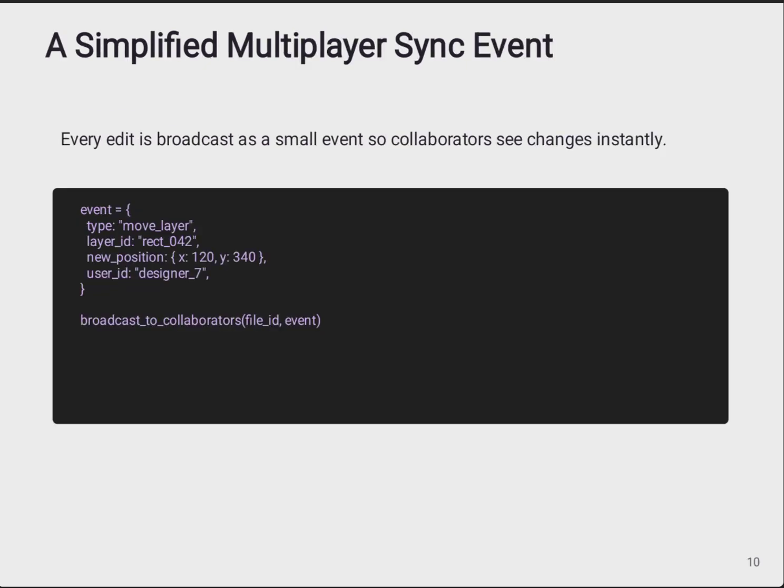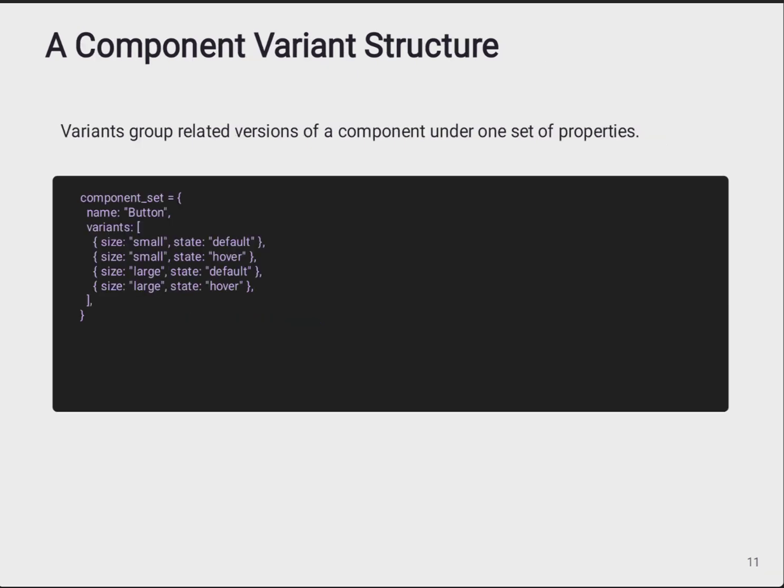A simplified multiplayer sync event: every edit is broadcast as a small event so collaborators see changes instantly. A component variant structure: variants group related versions of a component under one set of properties.